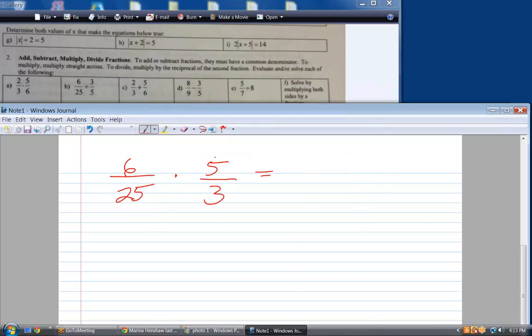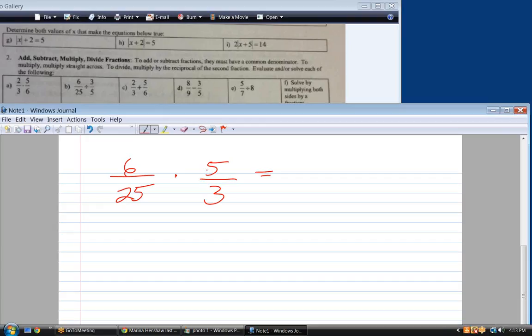Okay, so 5 and 25 becomes what? 1 and 5. And 6 and 3 becomes what? 2 and 1. So our answer is what? 2/5.